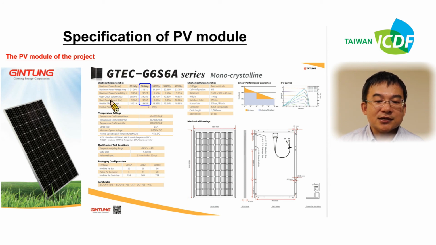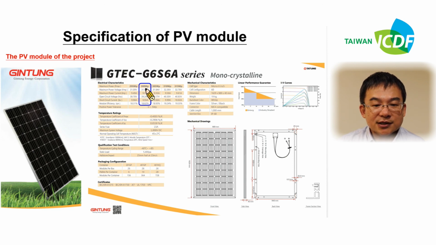We can see here the open circuit voltage is close to 40 volts, and the current is close to 9.5 amps. So the total power equals the current times the voltage, which is close to 319, but the spec shows the maximum power is 300 watts.